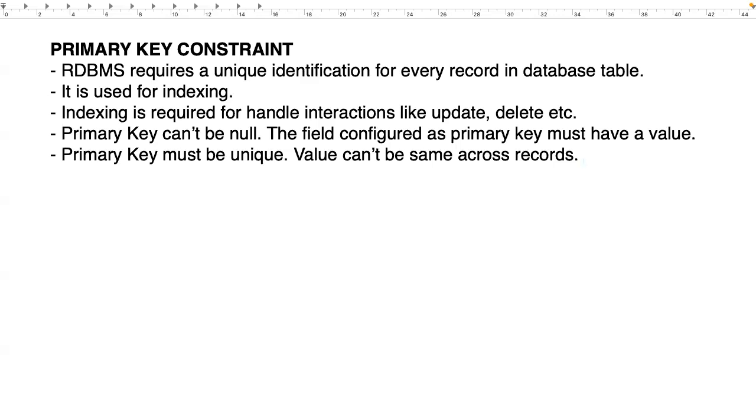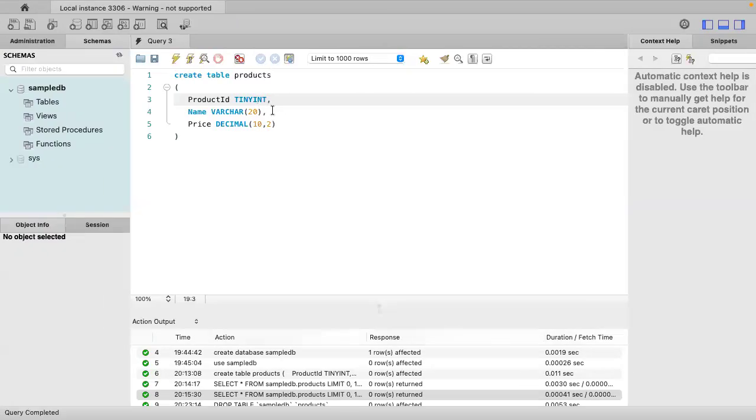So for example, what we are doing here: the product ID, data type and constraint. The constraint is primary key. I am defining the constraint as primary key. And when you give primary key, you don't need to mention unique. You don't need to mention not null. You don't need to mention these two. Why?